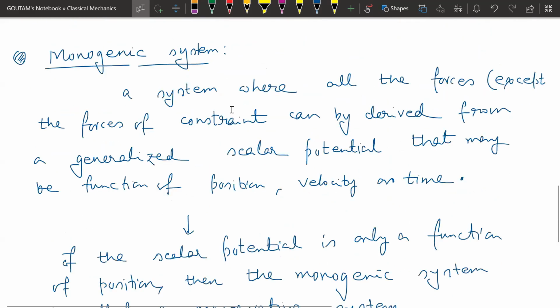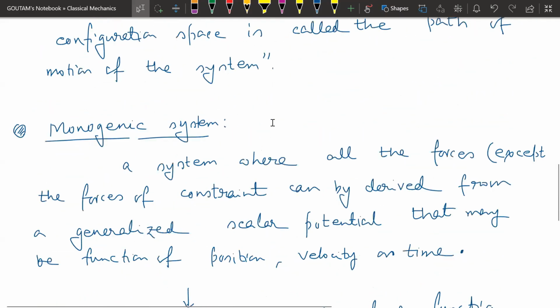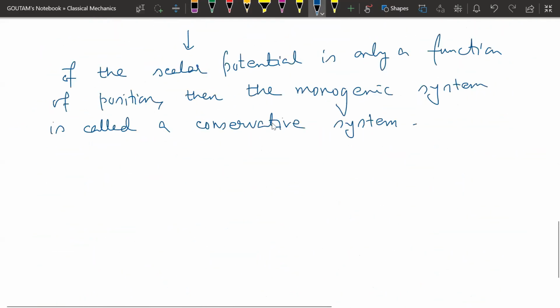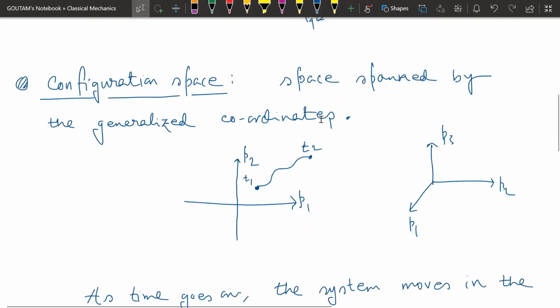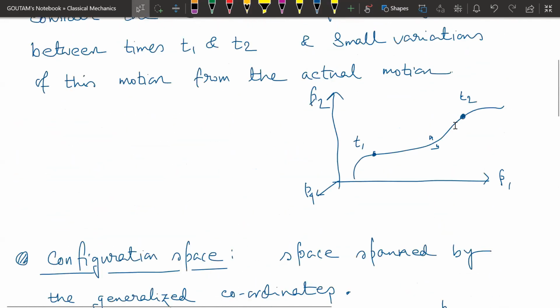So with these definitions in mind, let's define Hamilton's principle. So what is the motivation here? What are we trying to get? There can be a lot of different ways a particle can go from this point to this point in configuration space, let's say.